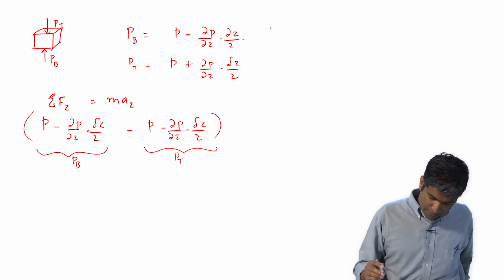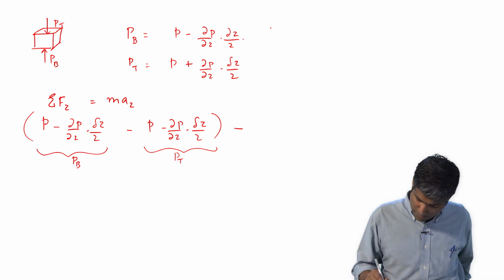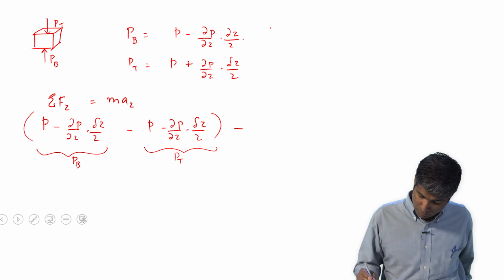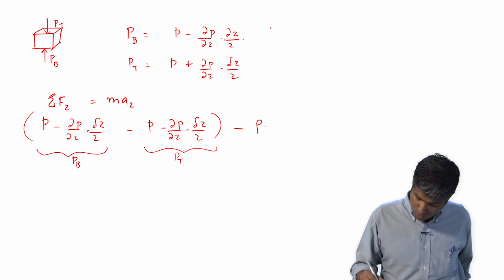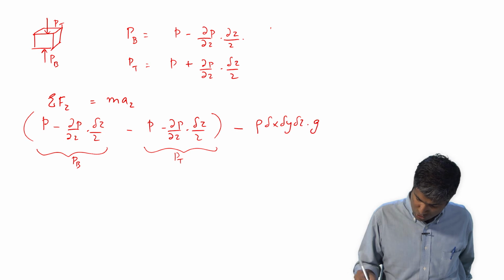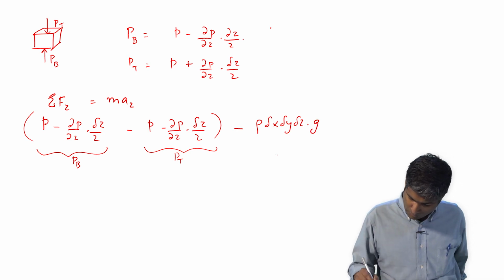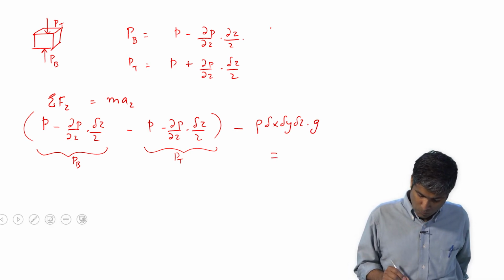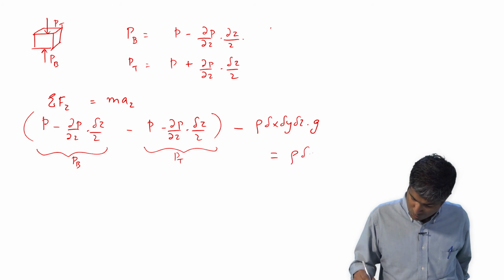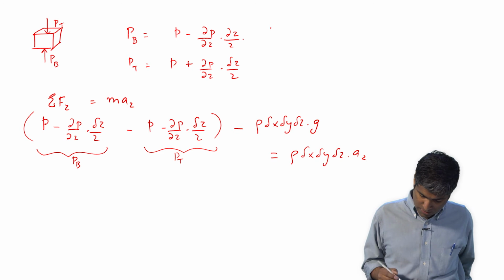That's the force acting upwards, minus the weight of the element, which is rho Δx Δy Δz times g. That needs to be equal to m az, which is also rho Δx Δy Δz times az.